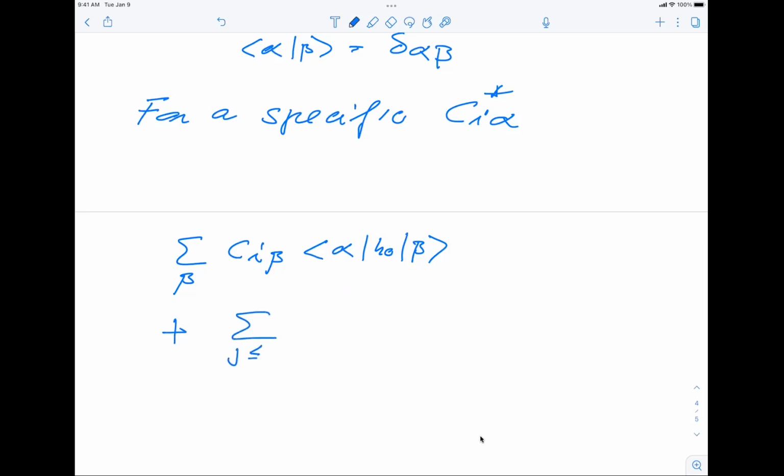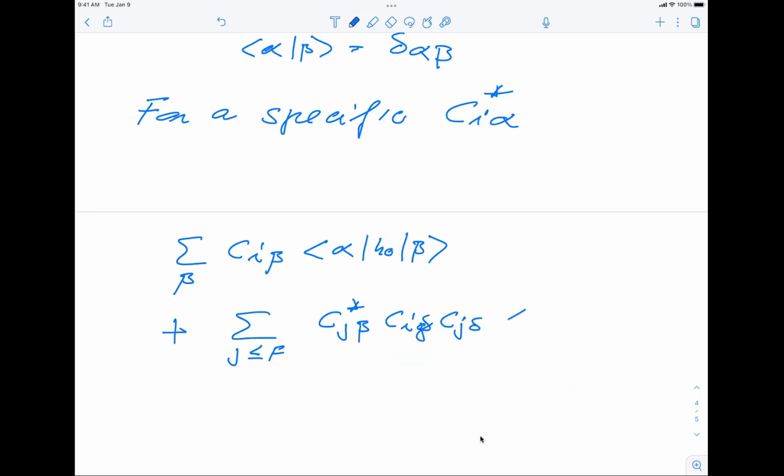So that has to be j less than the Fermi level. And then I have the coefficients. There's going to be a coefficient Cj complex conjugate of beta, a Ci delta, and a Cj gamma.